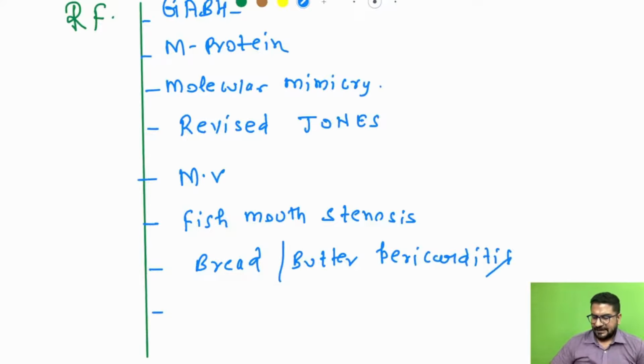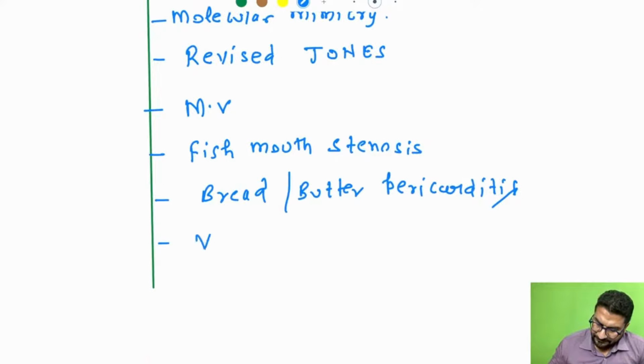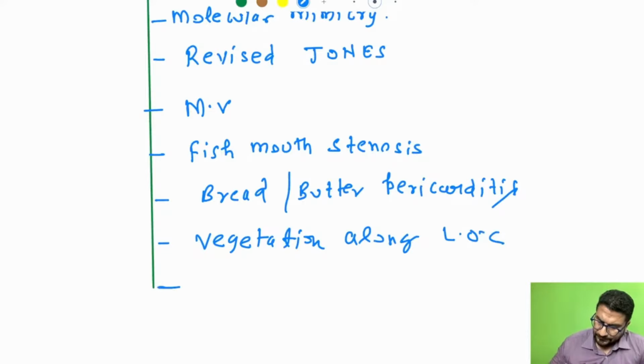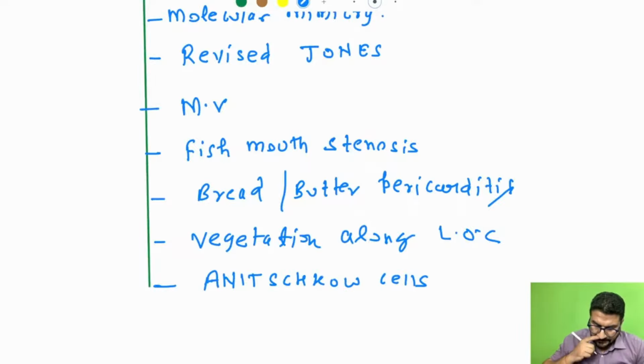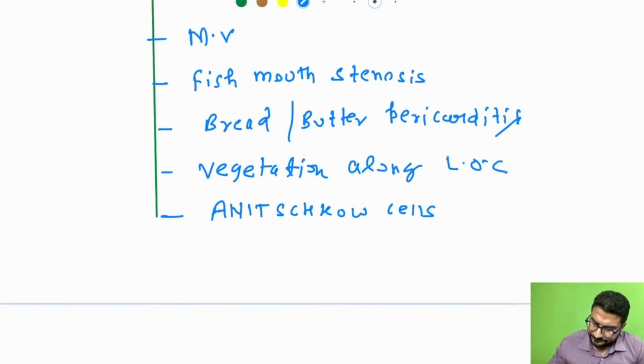Then remember, in rheumatic fever there will be vegetation along the line of closure. The cells, or I can say modified macrophages, are called Anitschkow cells. And sometimes in the left atrium you can notice the MacCallum patch.